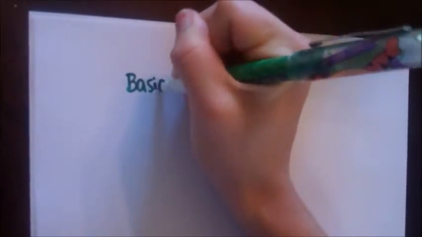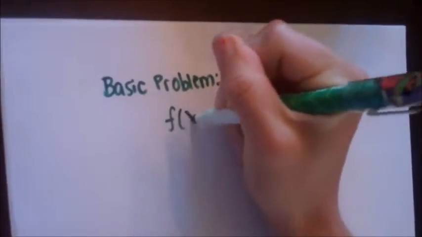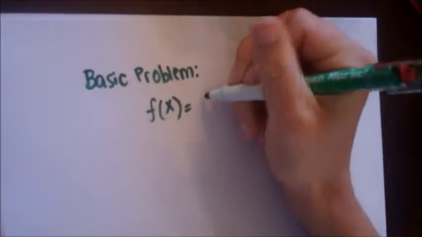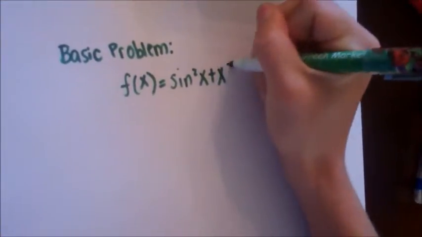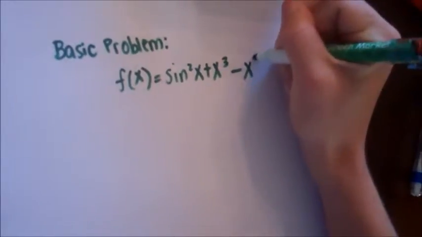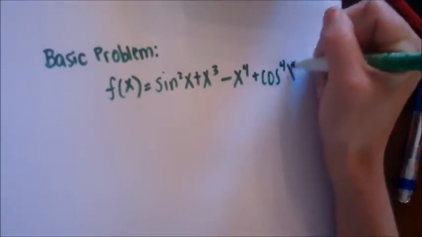First, we're going to start by solving a basic problem involving sine and cosine. The function that we will be taking the derivative of is sine squared x plus x cubed minus x to the fourth plus cosine 4x.